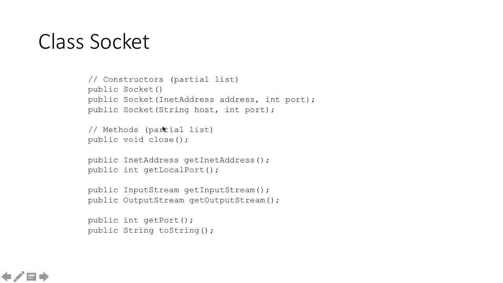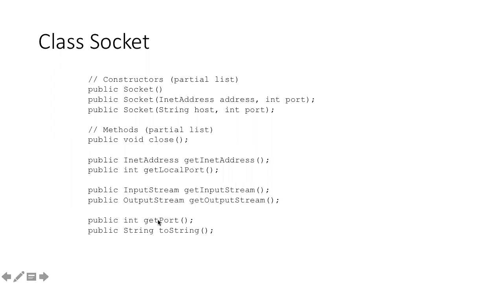So your socket API, which is practically what everybody uses for network programming, or higher in terms of layers of abstraction. You need your sockets, you need your internet addresses, you have to be able to get input streams and output streams. Your socket will have both an input stream and an output stream.